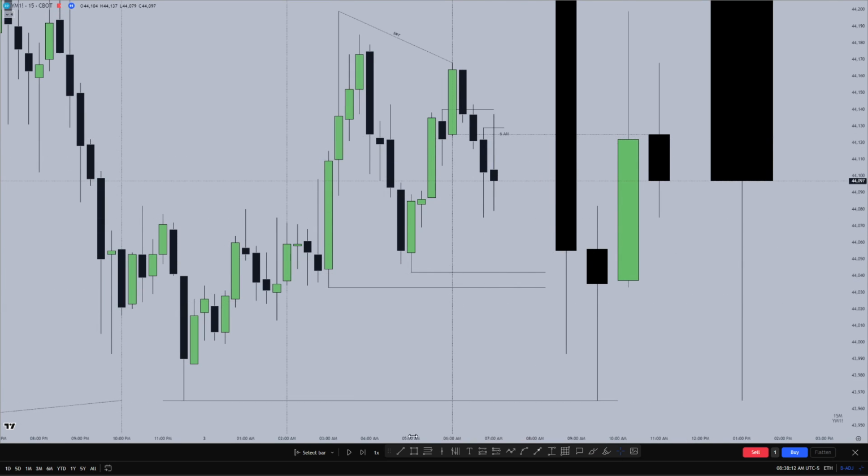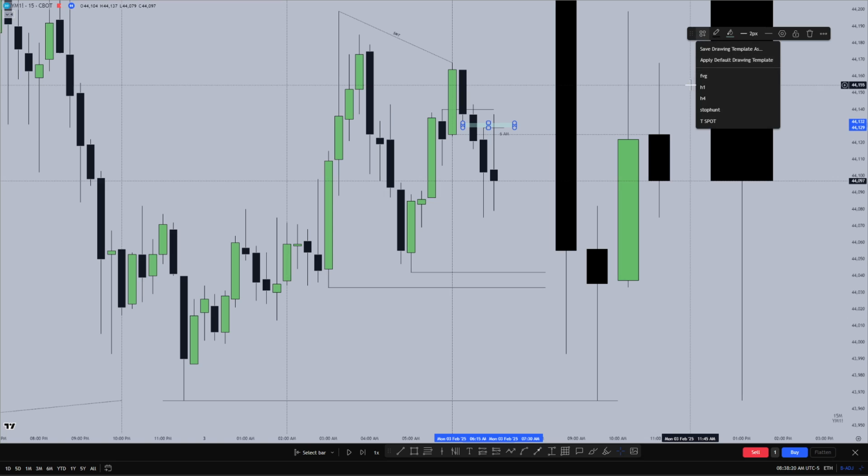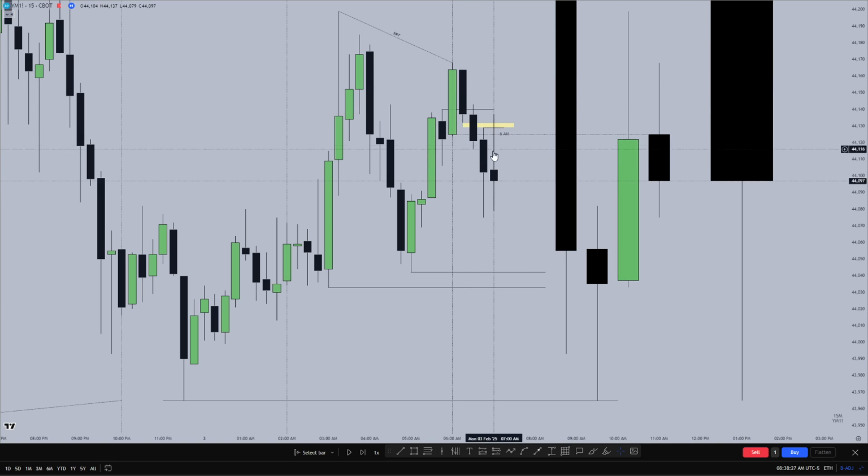Okay, but then I see fair value gaps, everybody knows, are the objective used for retracements. Okay, 7 a.m. opens, tags the internal level, sweeping out previous candle high, previous M15 high, closes back in.